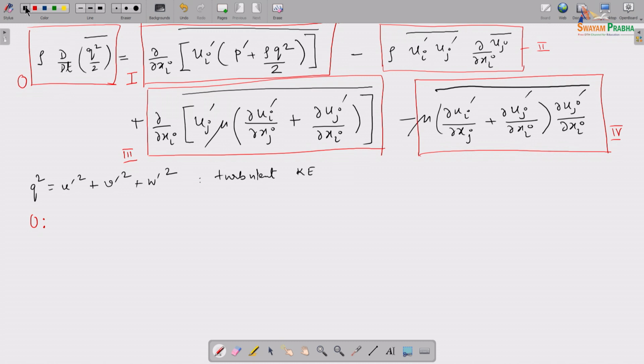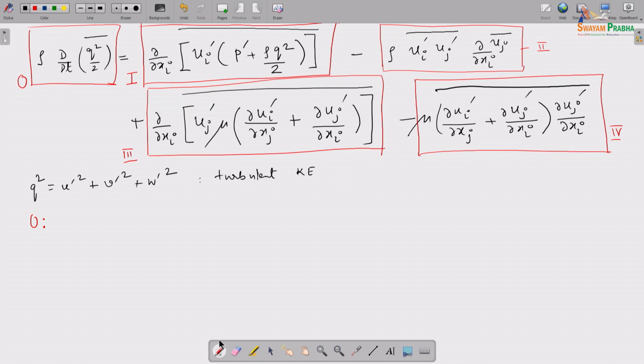So could I say that O actually means the rate of change of the mean turbulent KE, the time average? When I say mean, I basically mean the time average.